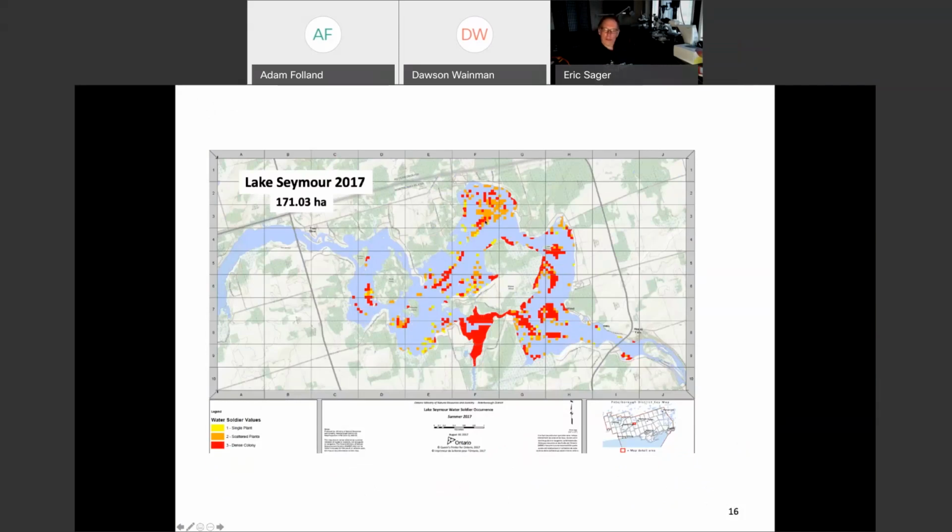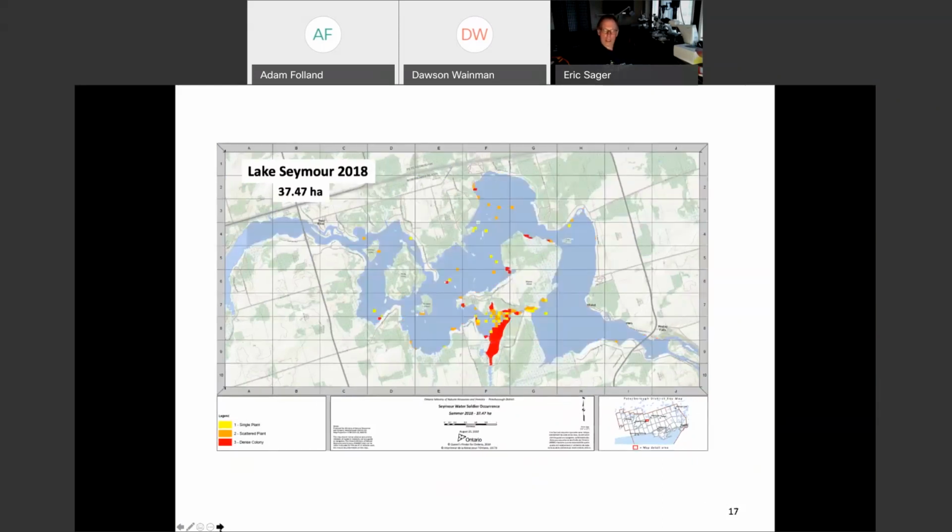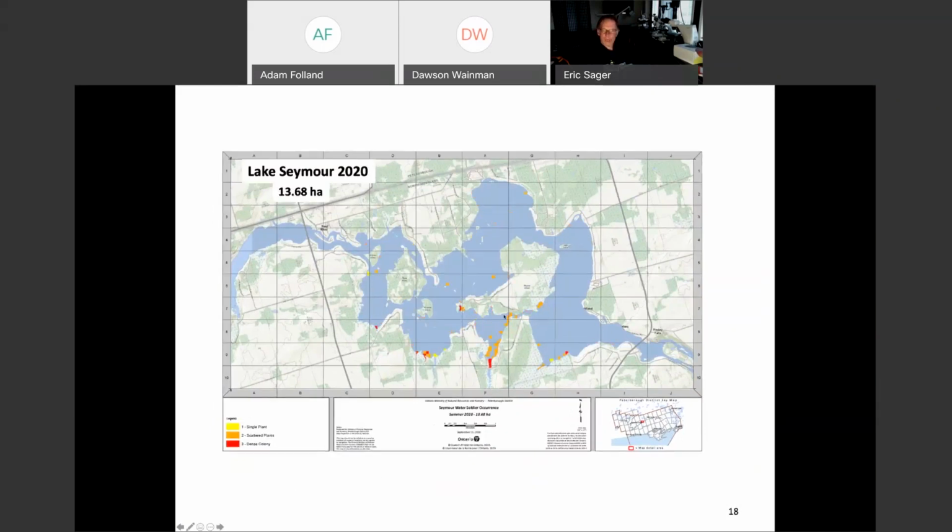So there is some efficacy of treatment, but it continues to expand farther down. 2018, they hit it hard again, and they had good response. 2020, this is what it looks like presently. But again, it continues to move downstream. So they go from 13 hectares of infestation, mostly in the orange, which are low density infestations, to 170 at its peak.